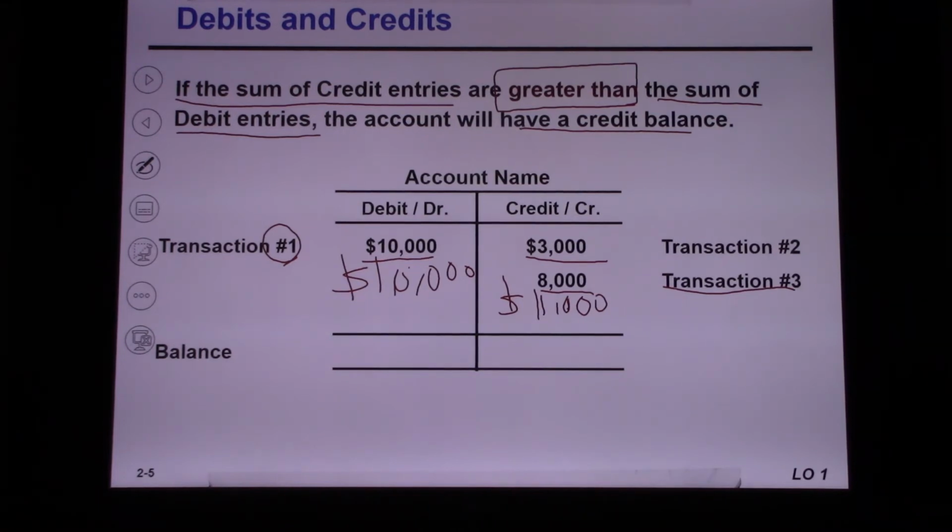In this case, the account will have a debit balance or a credit balance? As I have stated before, if credit interest is greater than debit interest, the account will have a credit balance by the difference. So here, the balance will be on the credit side by how much? By $1,000. The difference between $10,000 and $11,000 will provide us with a credit balance of $1,000.